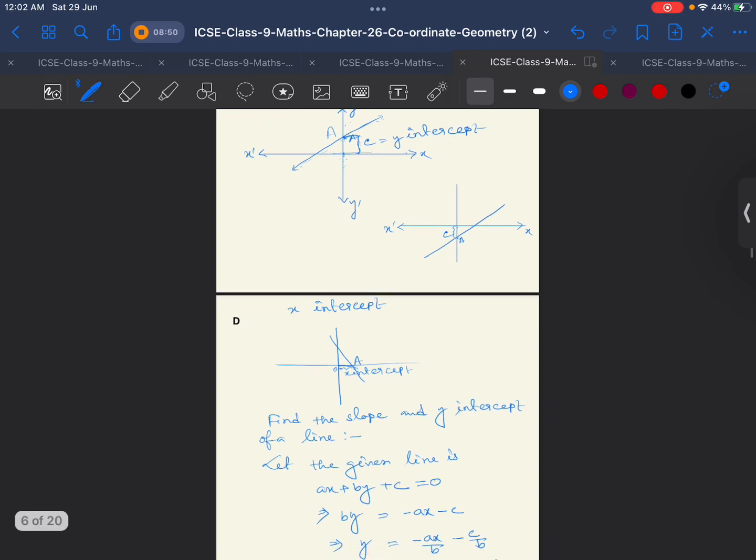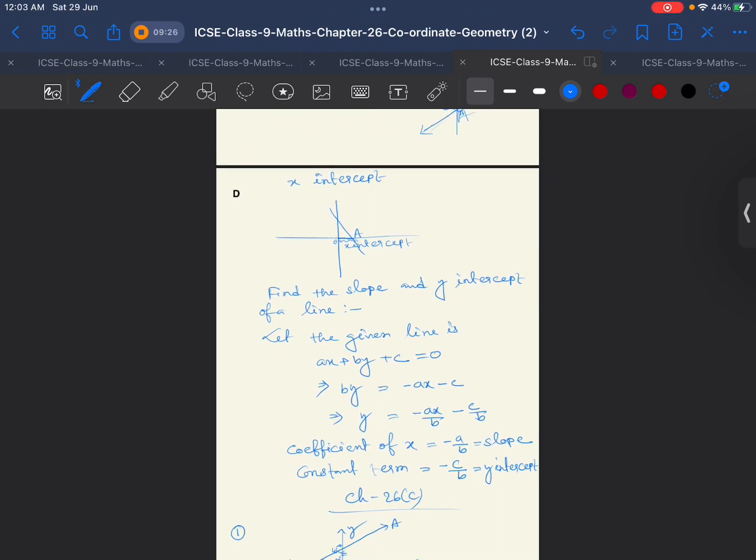If we take a straight line, this is a straight line, from the origin to this point, you see that this line meets the y-axis in the negative direction of the y-axis at a point A. So the distance from the origin to this point is the y-intercept, but this is a negative y-intercept because it is measured below the origin. Then y-intercept is here negative.